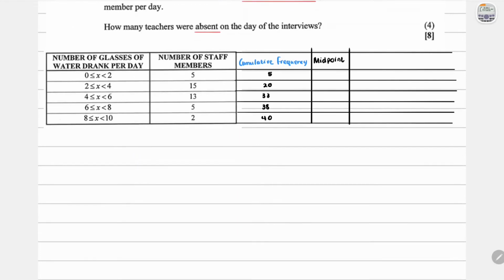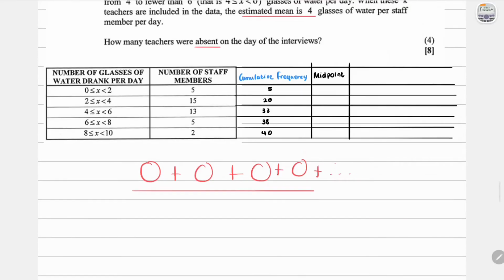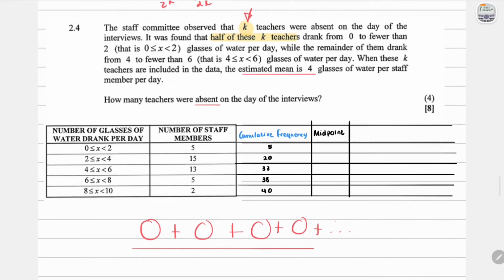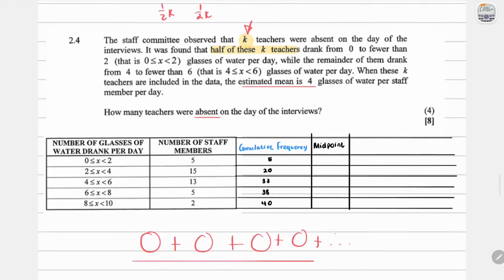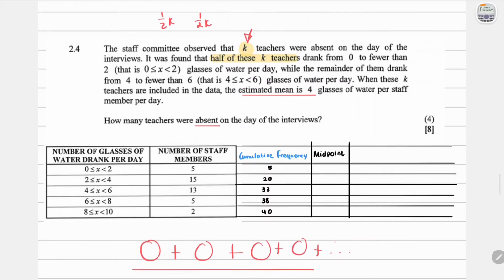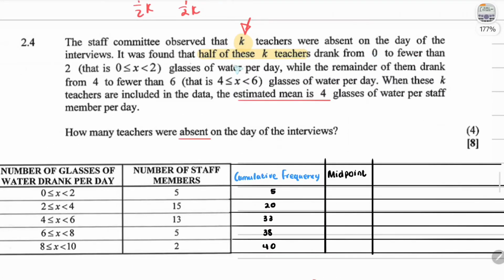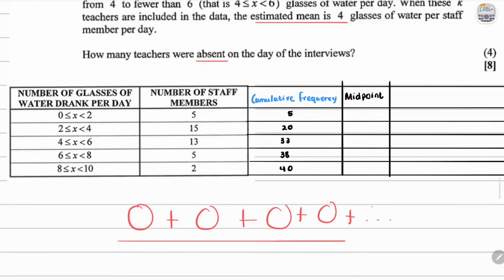To find the mean in general, you take all your data points and add them together, and then you divide by the number of data points that you have. In this case, we know that there were a total of 40 teachers, but we also have to consider that some teachers were missing. So let's add them to their categories. Half of these teachers drank from this category, so a half K belongs to this category.